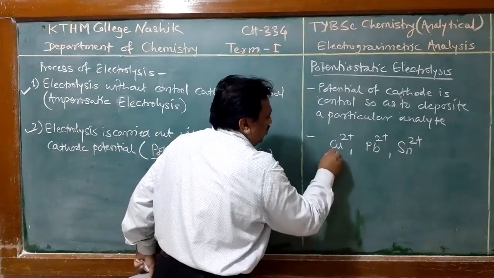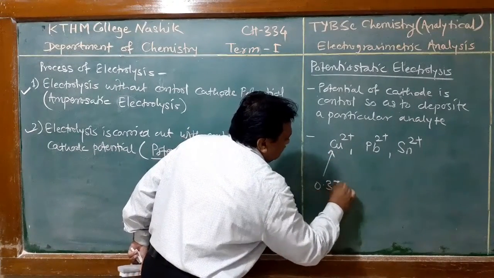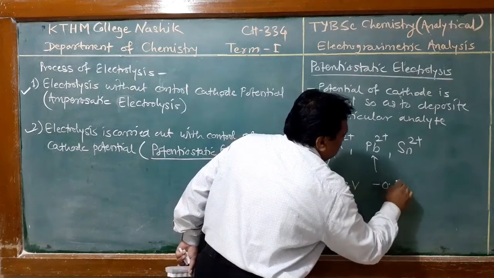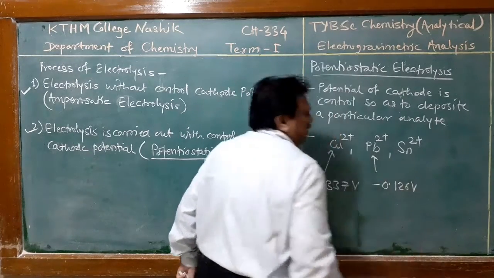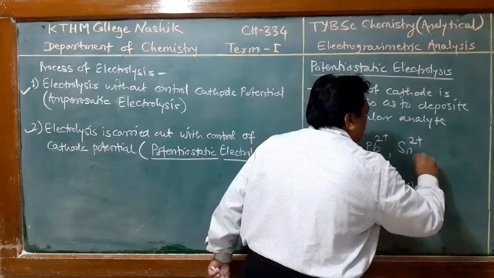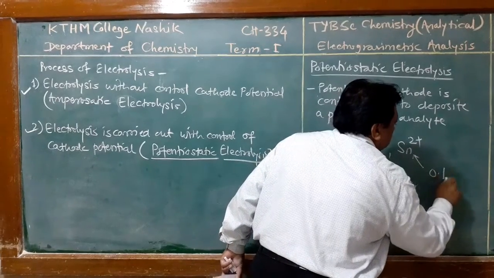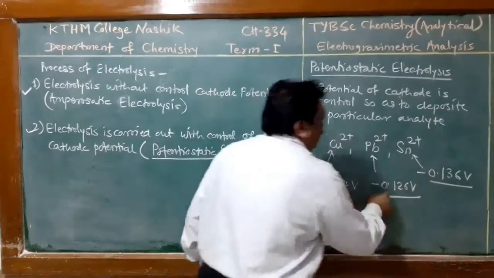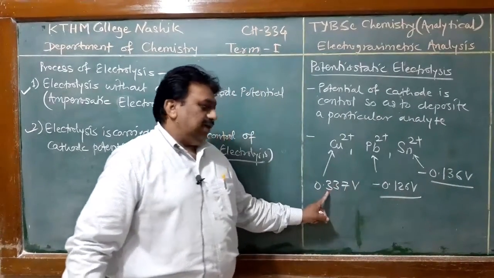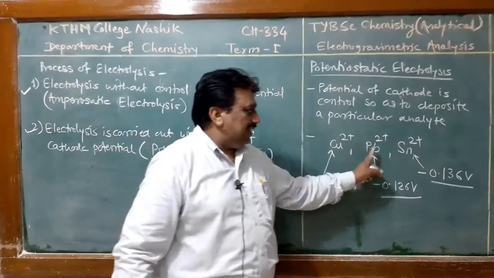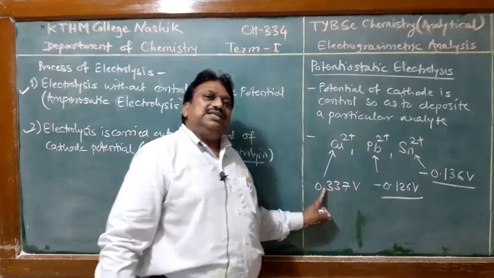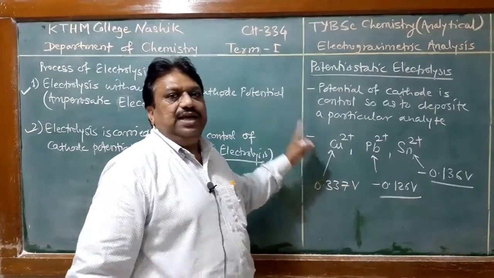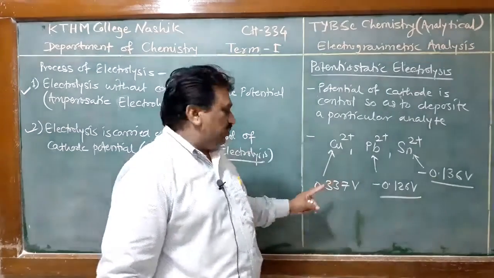We can easily deposit copper at 0.3370 volt, but reduction of lead takes place at minus 0.126 volt, while reduction of tin takes place at minus 0.136 volt. If we compare the reduction potential of copper with lead and tin, we can easily separate copper from these two ions by using the amperostatic electrolysis process.